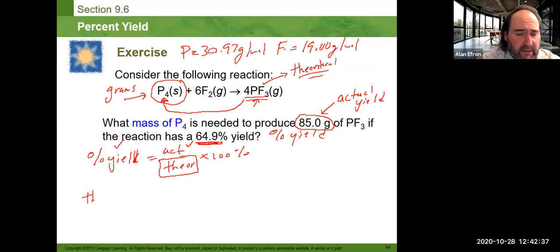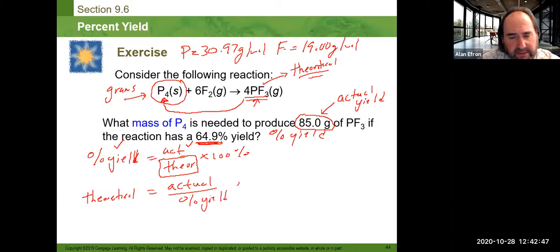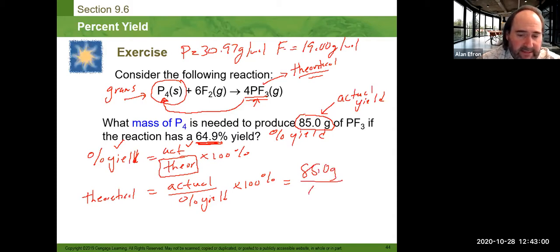So our theoretical yield, if we multiply things across, will end up being the actual yield divided by the percent yield. They basically switch places, times 100%. Putting in our numbers, the actual was 8.5 grams and our percent yield was 64.9%, times 100%.